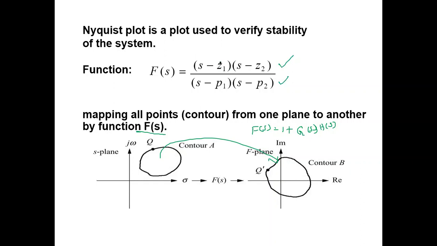But these denominator roots are the poles of the open loop system. So the zeros are the poles of the closed loop system. Okay, so based on this contour, we can analyze the stability of the closed loop system.